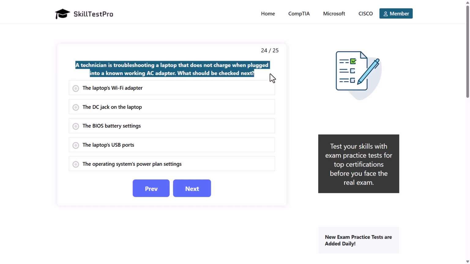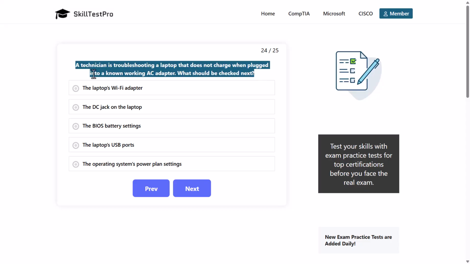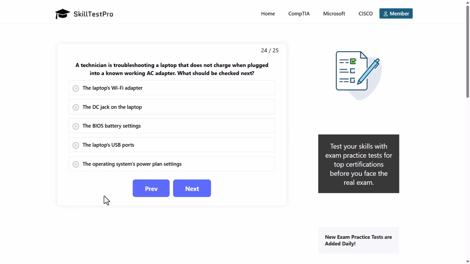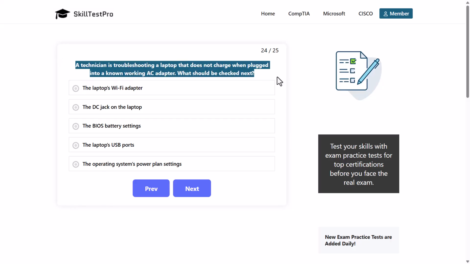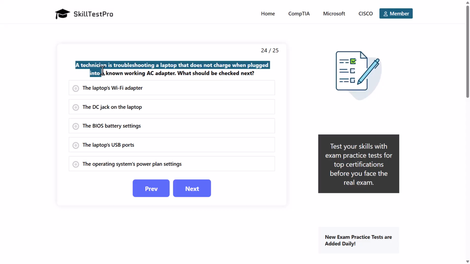understand the question. If you don't understand the question, you will read the question, you will read the answers, and you will create chaos in your head, because you will have all this information in your head and it will start to confuse you. And anyway, you will then return back to the question and start understanding it again.